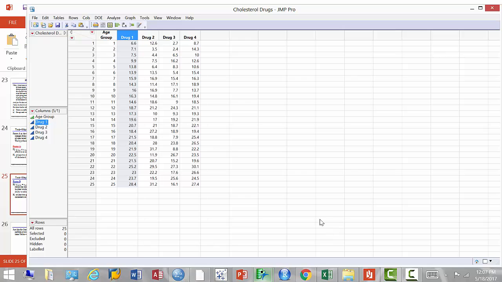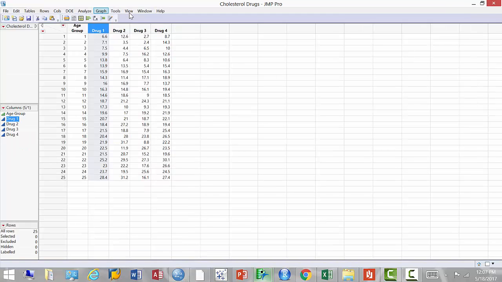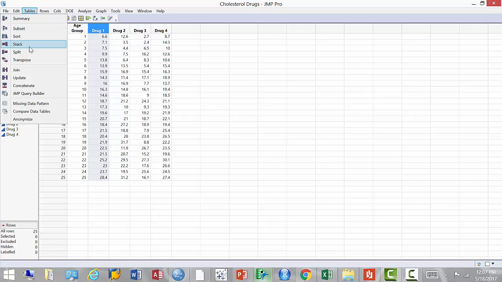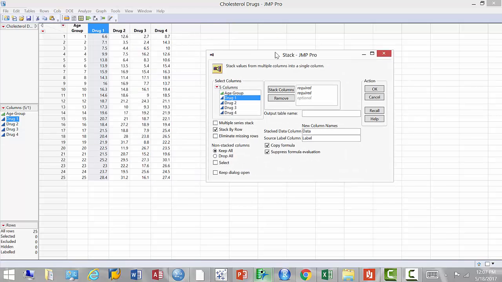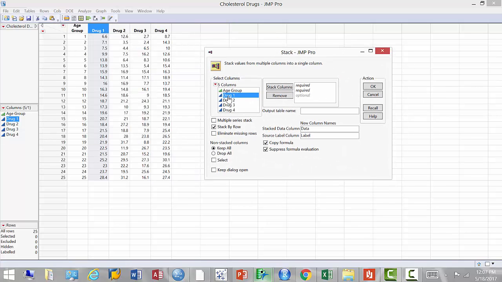Okay? And let's see how exactly JMP does that. So I'm going to use the same menu. We'll go to Tables and option Stack. It will look very similar, right? So I'm going to stack these columns, drug 1, 2, 3, 4. Okay?